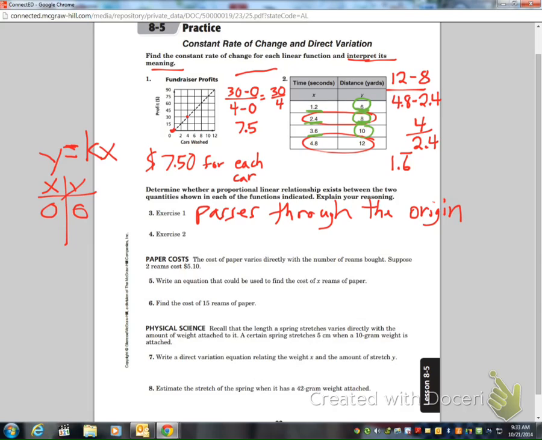So what I can do very simply is say, okay, 1.2 times k should equal 6, right? Y, that's my y value, equals the x value times some constant, right? So to find out what k is, I would do 6 divided by 1.2, which gives me 5, right? Everyone with me so far?